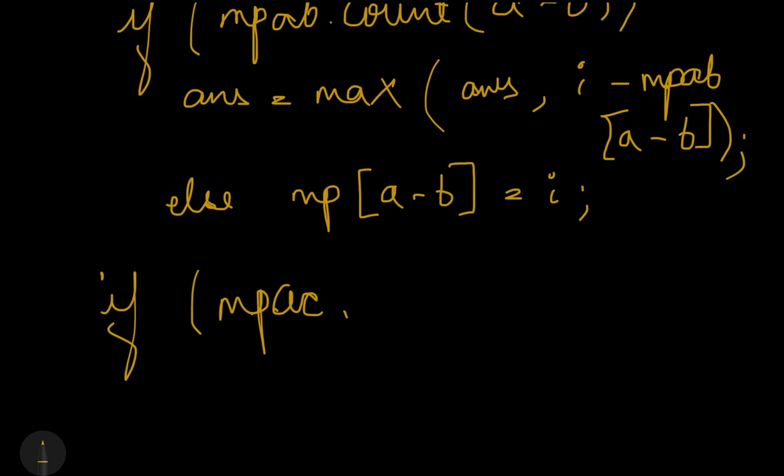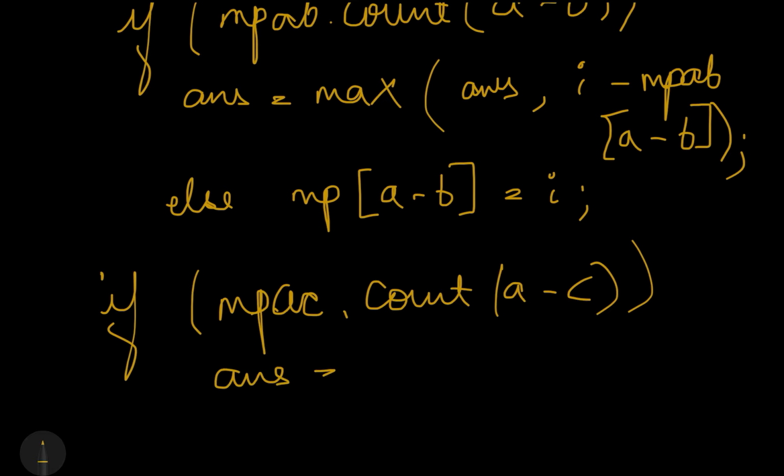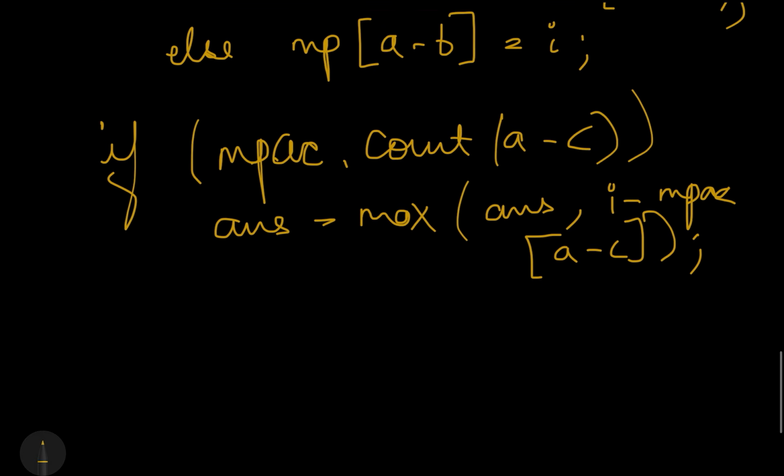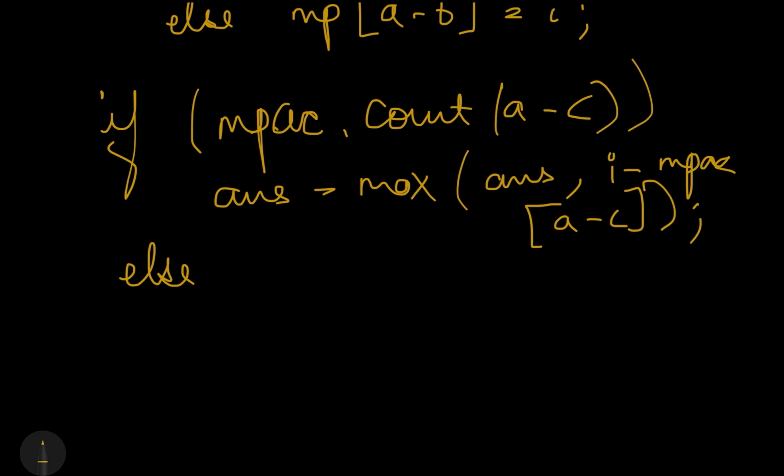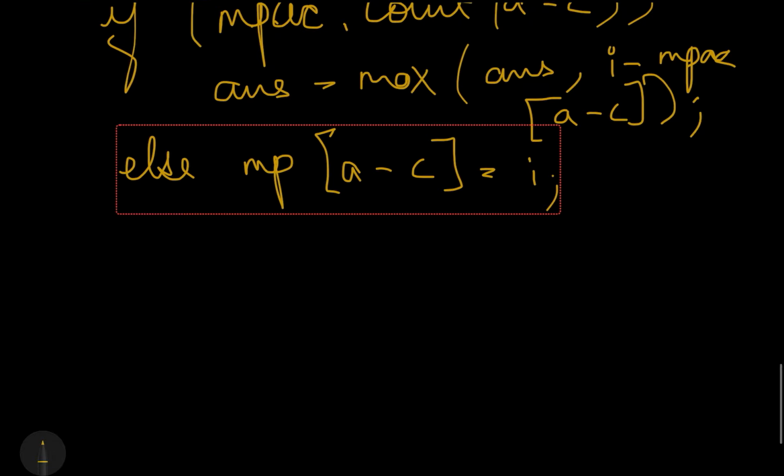Similarly we'll do it with all three maps, that is AC count of A minus C. Then we'll update our answer to max of answer comma i minus MP AC of A minus C. If the frequency is not the same, we'll simply put the current frequency in the map.